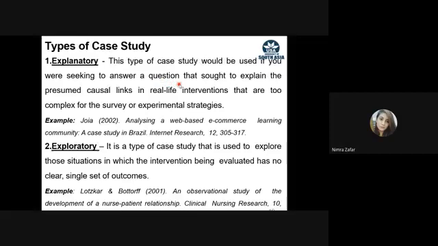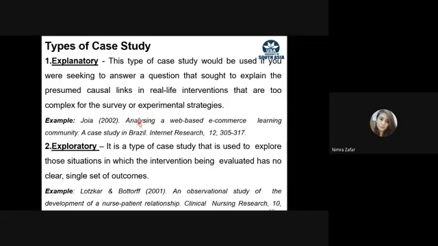Any assumed hypothesis, we provide explanation to that after doing the case study. This type of case study in which we give explanation to any particular type of research question is known as explanatory.